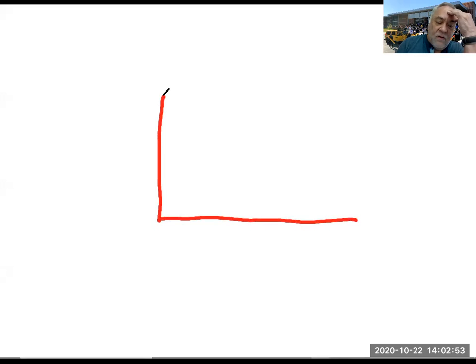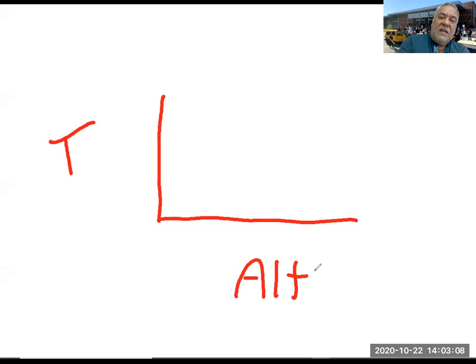be careful of graphs that you're not familiar with looking at the way they present them, because really, there's nothing too dramatic about this. The temperature, altitude. And even though they put the altitude up here, just because that's where the zero temperature is, you can really put it that way.